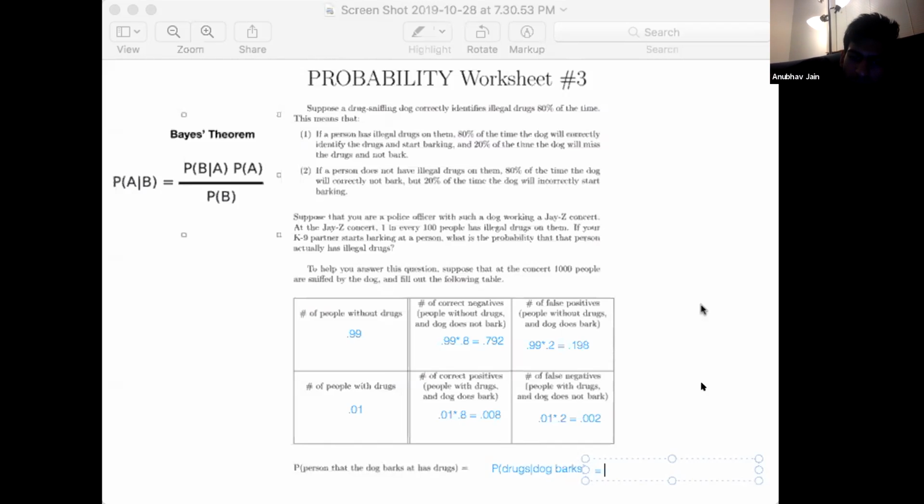And then in our numerator, it'll be the probability that the dog barks and the people have drugs on them, which will be simply our bottom left portion of the table that says 0.008. So that will be our fraction, and we also get 4%, I believe.